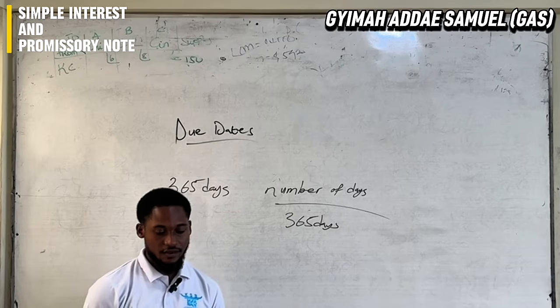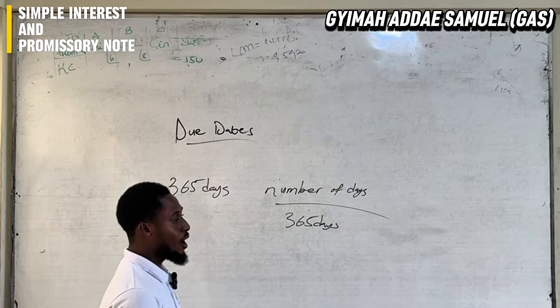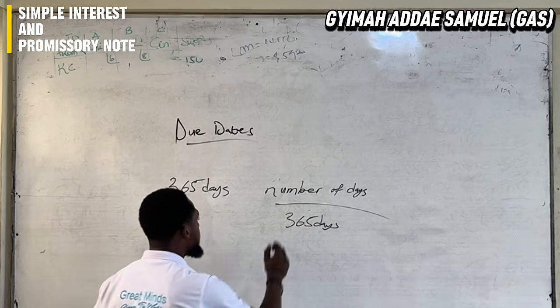And under the ordinary interest, you divide the number of days by 360 days.